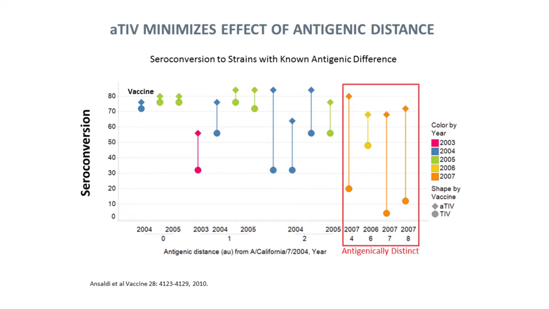This is illustrated in a study by Ansaldi, showing more breadth of protection. Here we have the vaccine response, in this case the amount of seroconversion that we get with a 2004 vaccine.